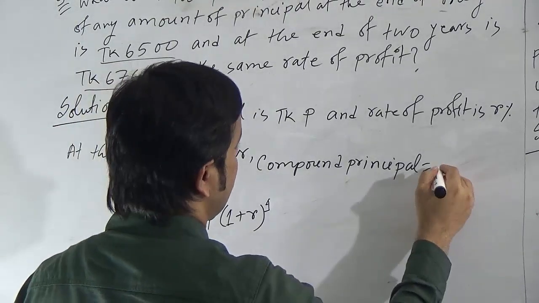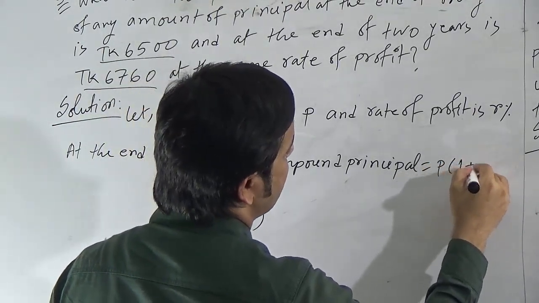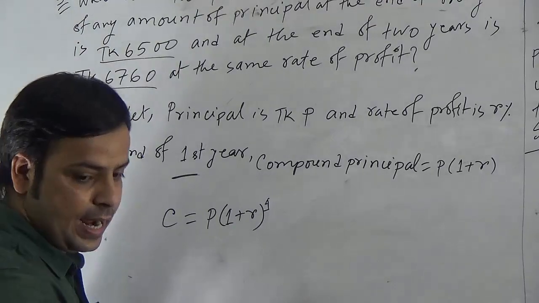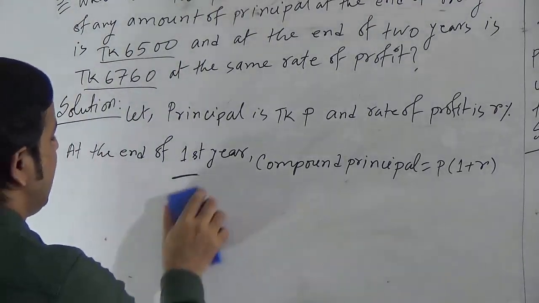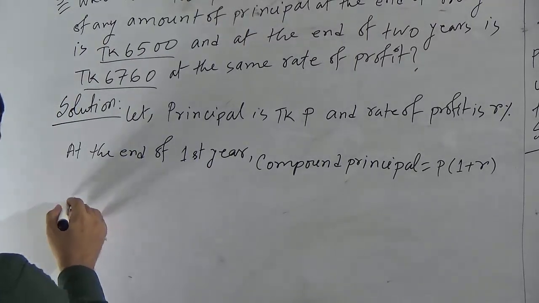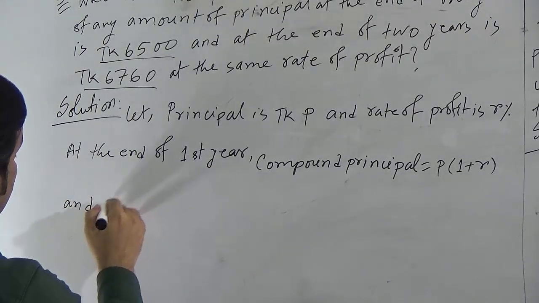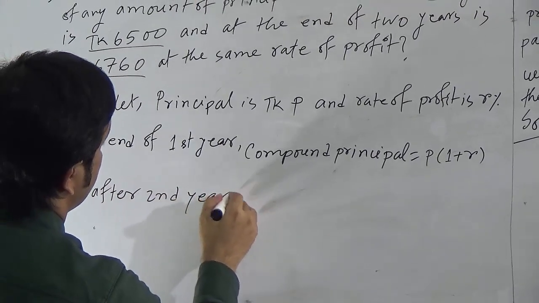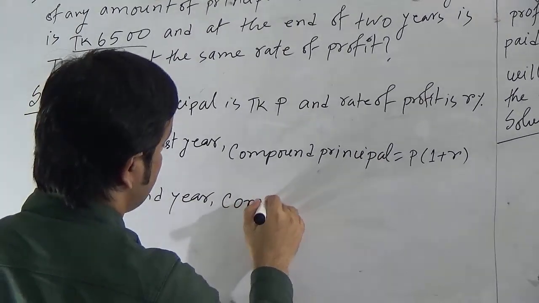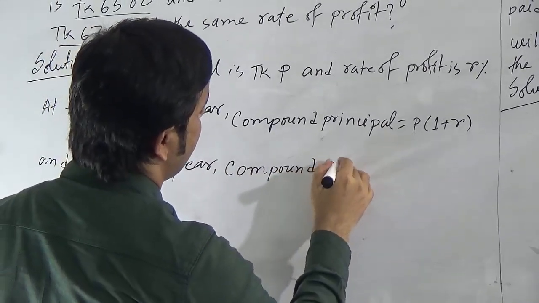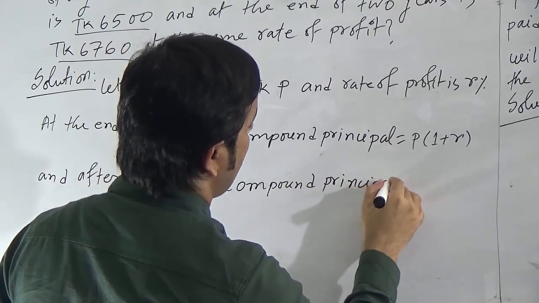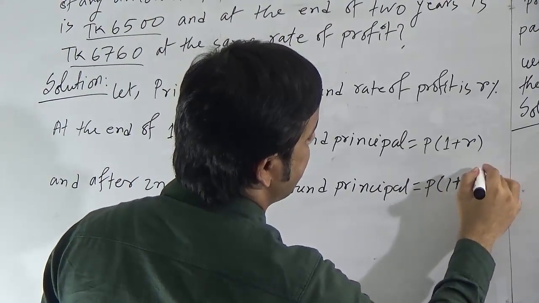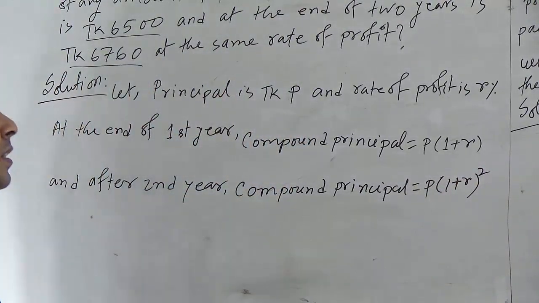So we can write P into 1 plus R only. If it is 1, then no need to write. And after the second year, compound principal equals P into 1 plus R, and as this is for the second year, we have to give the value of n, that will be 2.